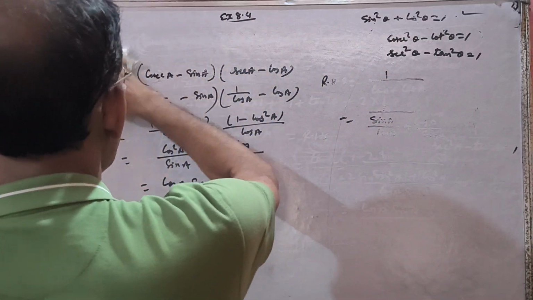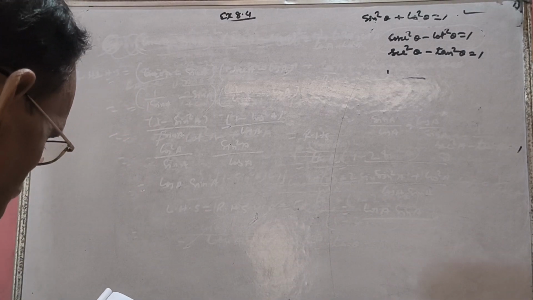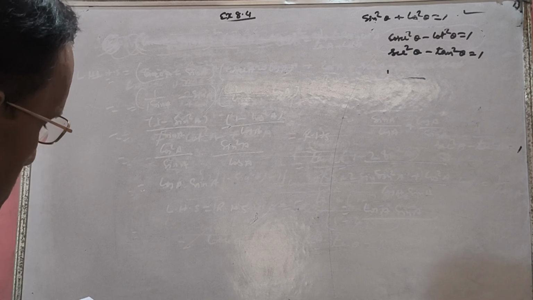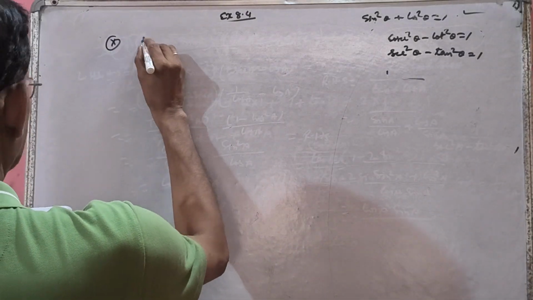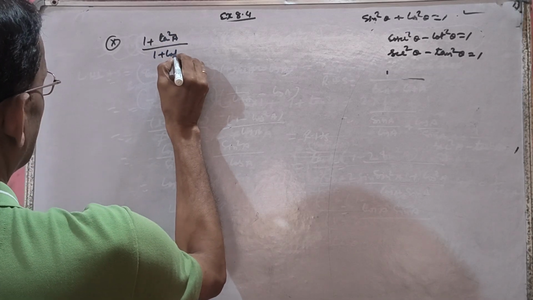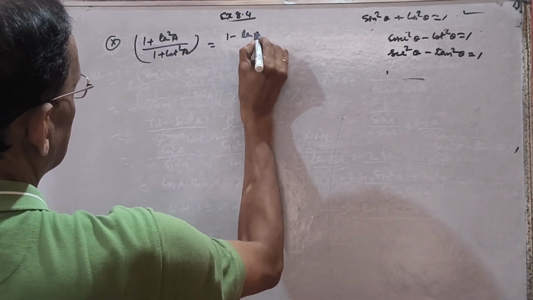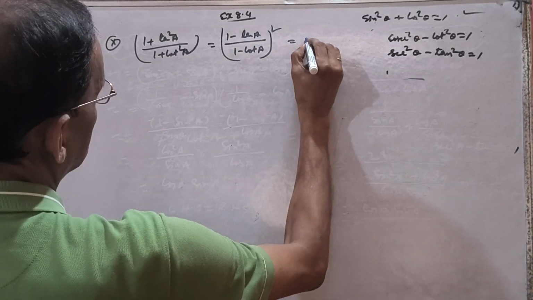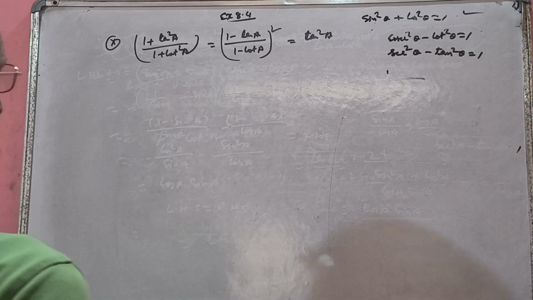Okay, now number 10. Question number 5, number 10 is there. 1 plus tan square A by 1 plus cot square A is equal to (1 minus tan A by 1 minus cot A) whole square is equal to tan square A. Here we should write the first expression, second expression.